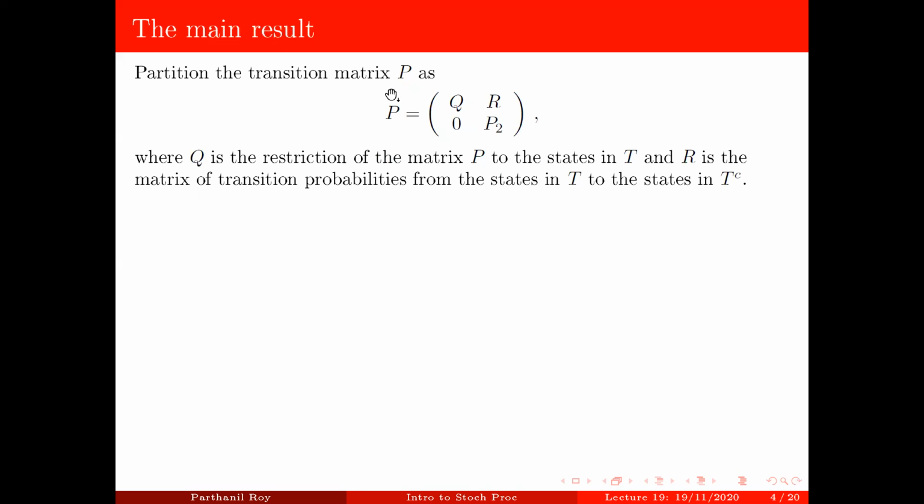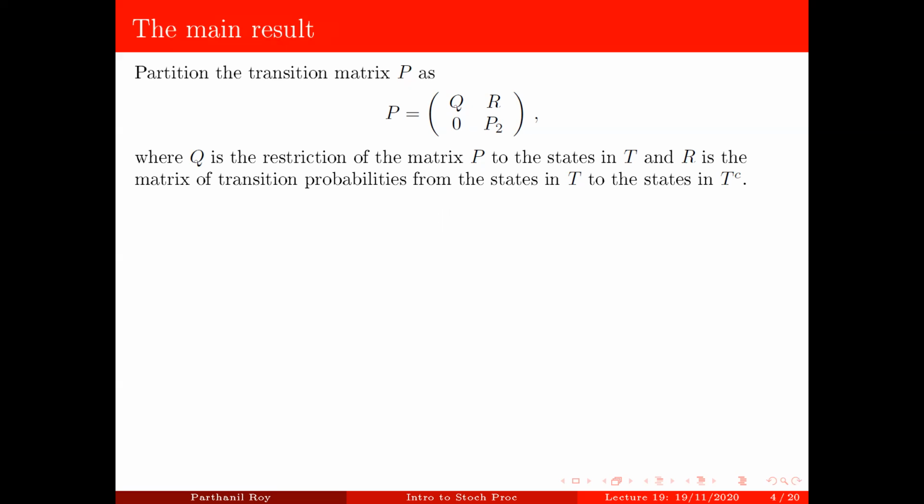Then we partitioned the transition matrix P as Q, R, 0 and P2. Q is the restriction of the matrix P to the states in T. On the other hand, R is a matrix of transitions from states in T to the states in T complement. This 0 is essentially the other way around. These are transitions from recurrent states to the transient states, which obviously is 0, because once you're in a recurrent class, you are absorbed in that class.